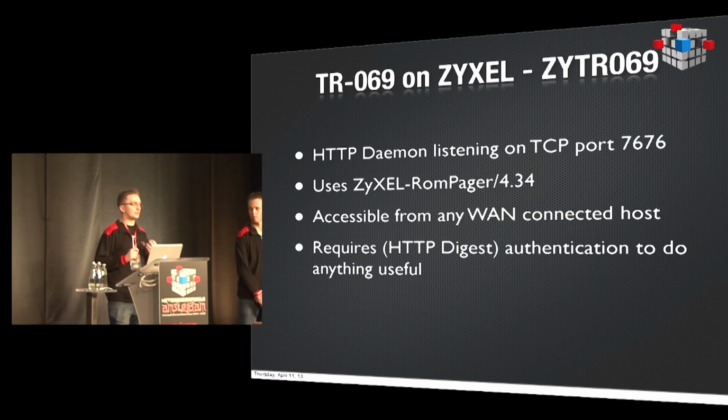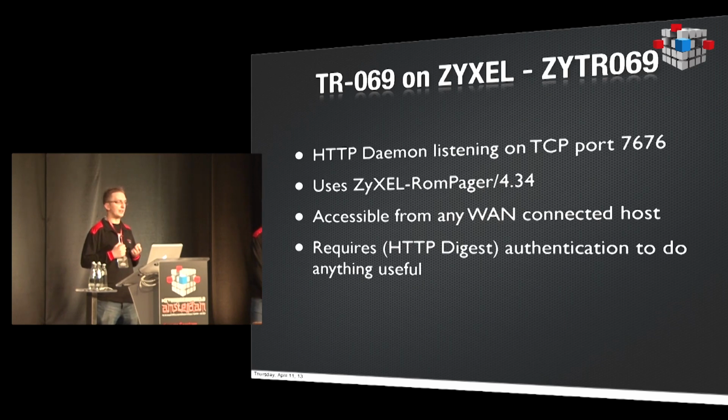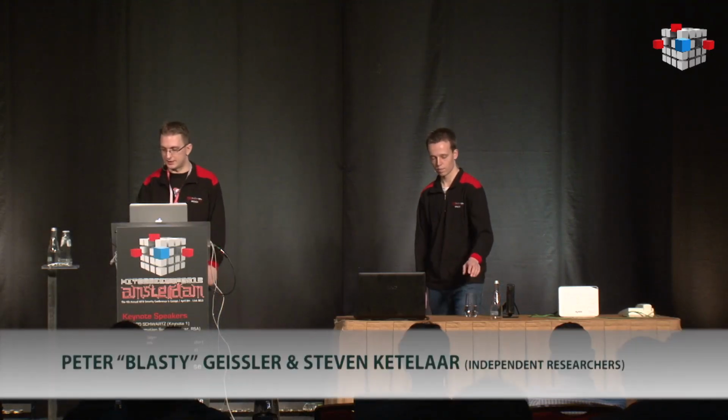So as I said, it's accessible from any connected host. But to do anything interesting, we require the HTTP digest authentication, which is unique to every device. Whereas we rooted our own modem and could extract this information, we don't have it for anyone else's modem. So that's bad.